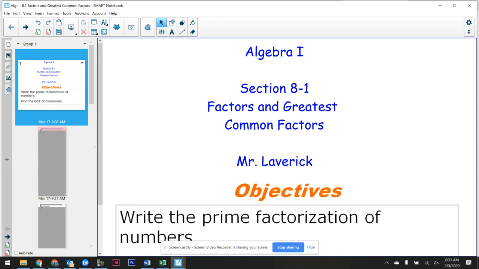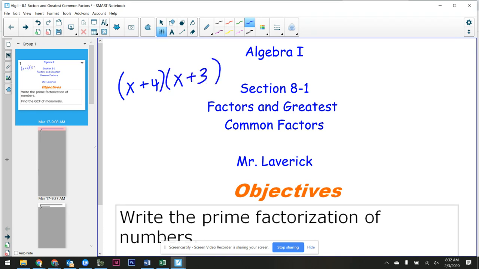So chapter 8 is all about, think about what we did in chapter 7. Chapter 7 was we learned about exponents, and then the whole second half of chapter 7 was learning how to multiply polynomials together. For example, what was the method of multiplication if I've got x plus 4 and x plus 3?